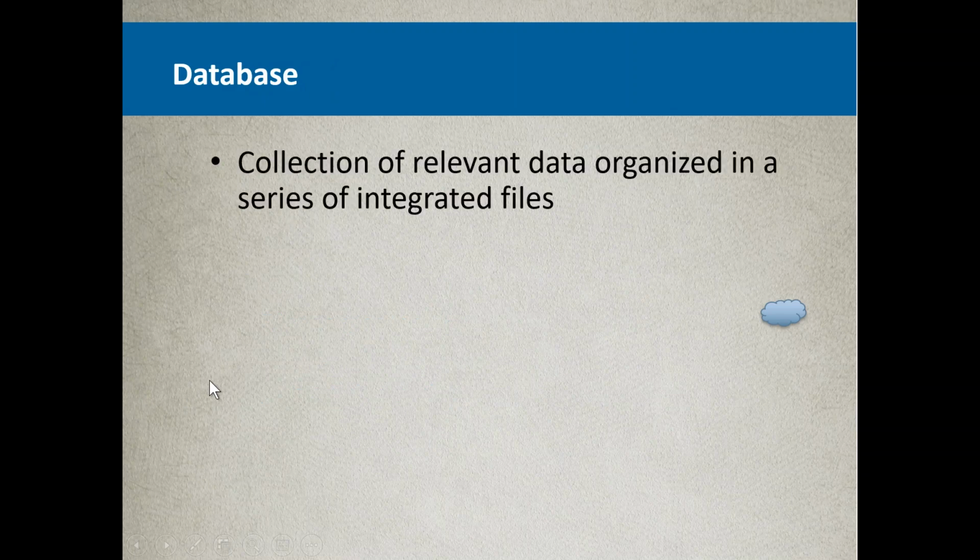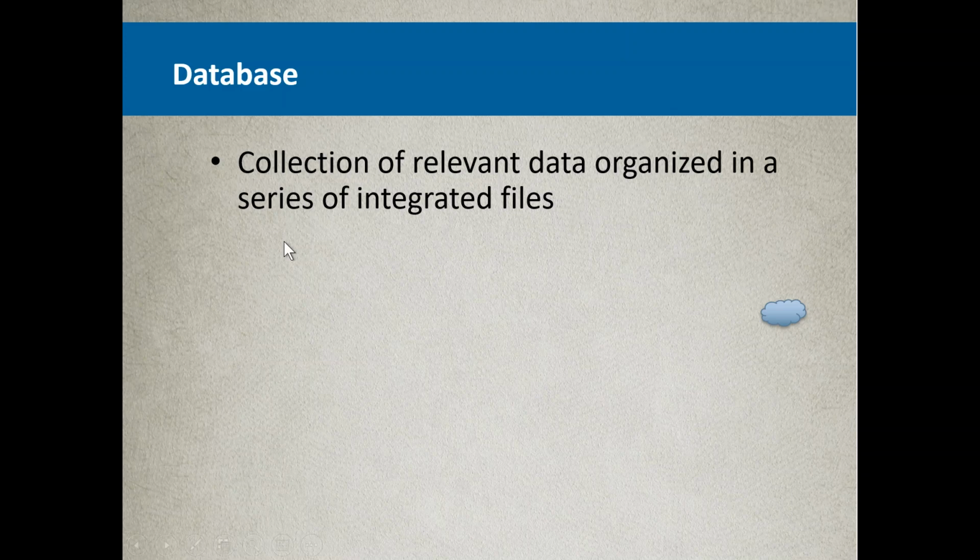Now, the database, which is the next component of the model. So it's collecting all of the data that you put in a meaningful way. So collecting relevant data organized in a series of integrated files.